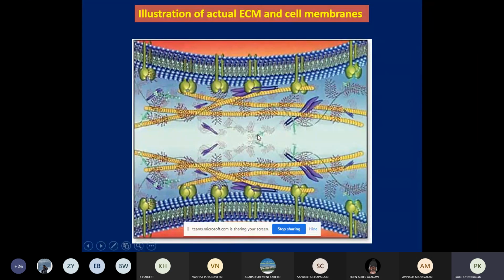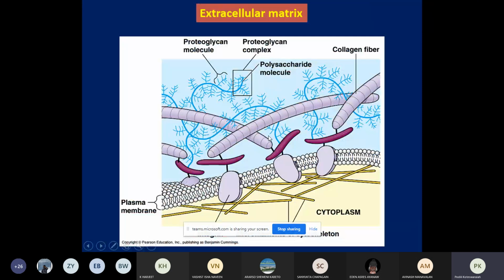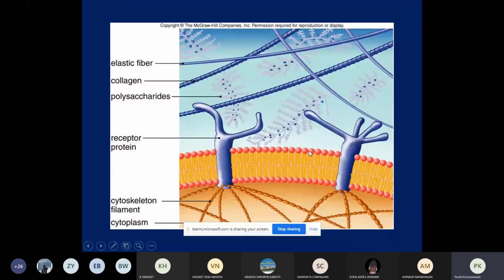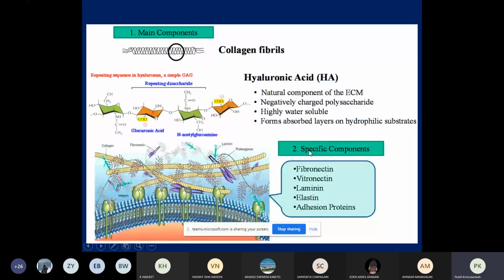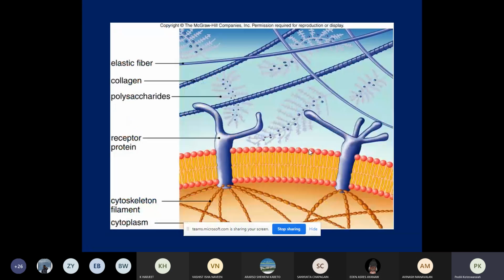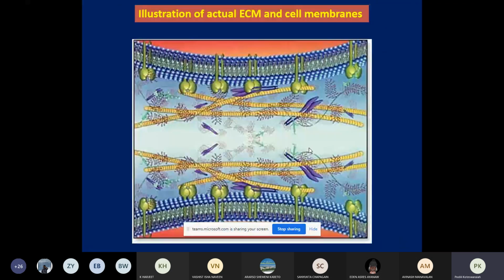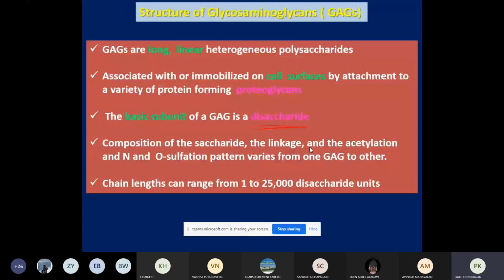You can see here, and we have already said that they have many functions in the extracellular space because they are known to interact with many proteins such as chemokines, cytokines, growth factors, morphogens, enzymes, and so on. When present in aqueous solution, these glycosaminoglycans can hold large volumes of water. So that's why when there is a compression, we have already shown some picture, I think it is in the previous one. They hold large volumes of water, and then they have various functions in the cells.